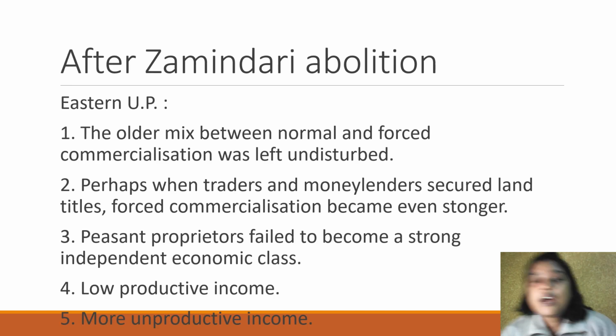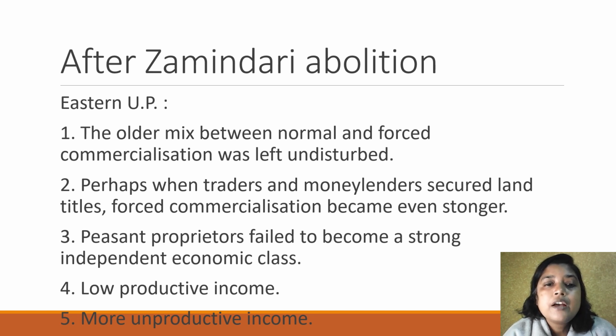After independence, when zamindari abolition took place, then again we find changes in Eastern UP and Western UP's condition. In Eastern UP, the older mix between normal and forced commercialization was left undisturbed. Perhaps when traders and moneylenders secured land titles, forced commercialization became stronger in Eastern UP, and peasant proprietors failed to become a strong independent economic class.